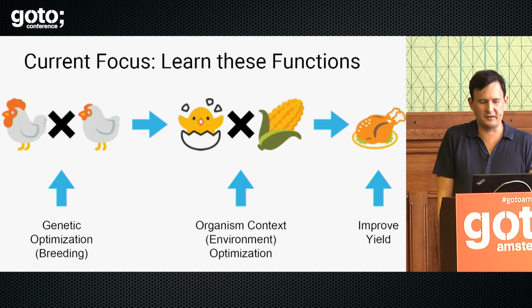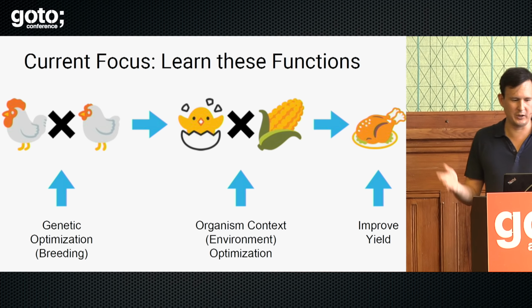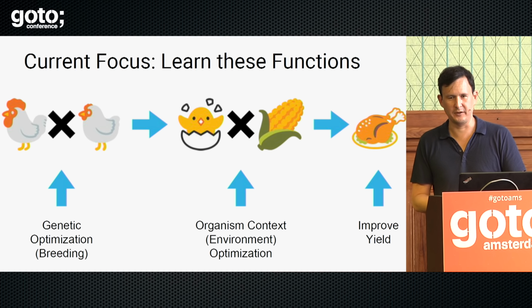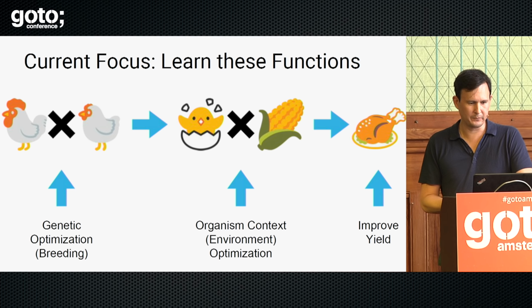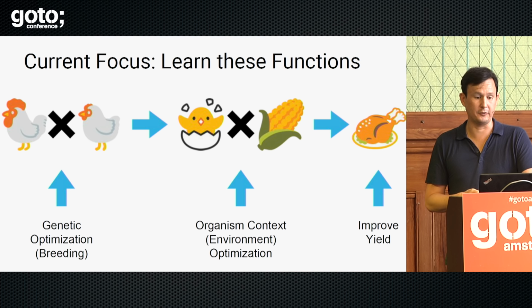These are animal examples I'm giving you now, but it's basically the same problem. You could even imagine that humans are doing this kind of thing to themselves. But we're basically interested in identifying these functions underlying this process here, right?